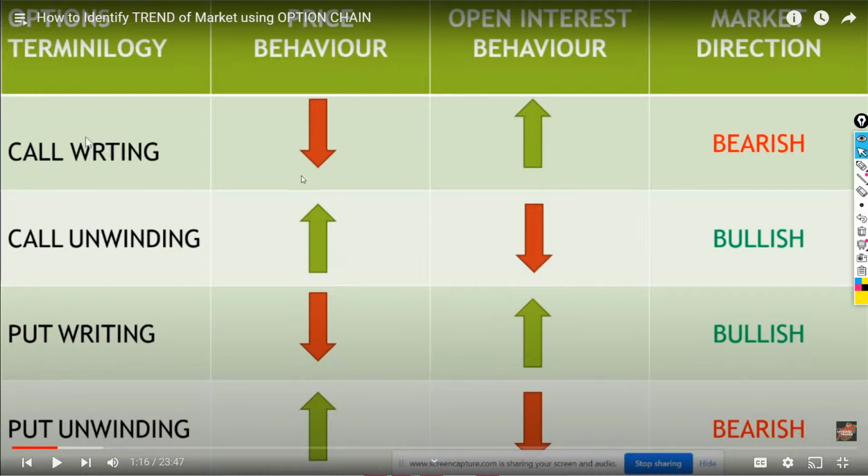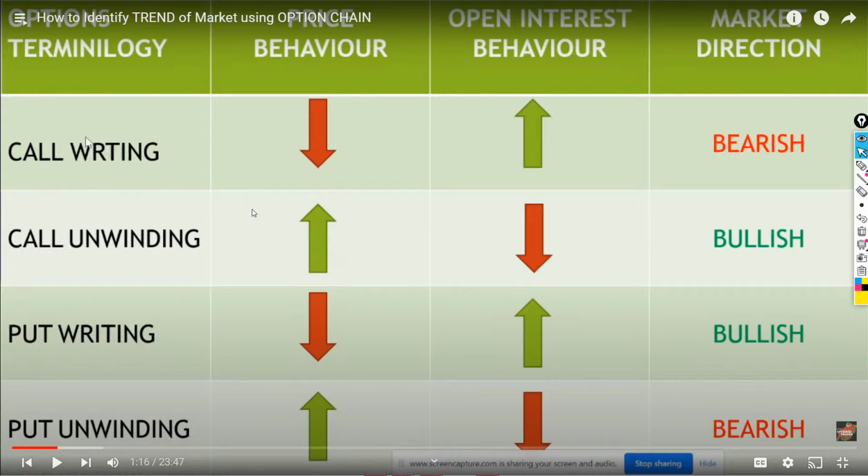When the premium price is decreasing, be it on the put side or on the call side, now tell me, as an option seller, either I'm selling a call or I'm selling a put, should the premiums decrease or should the premiums increase?